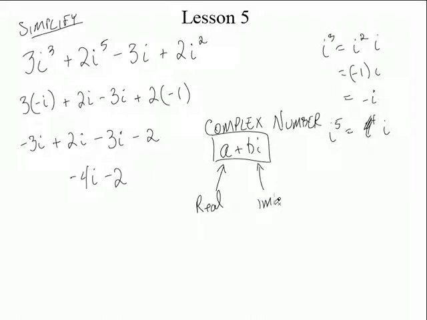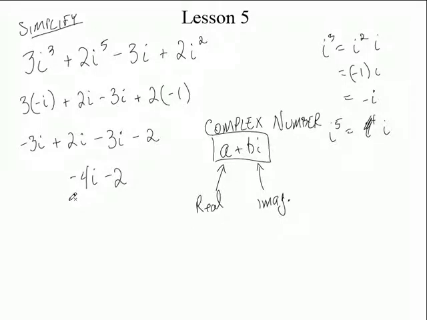Imaginary. Okay, so that's the imaginary number. Alright, so this is the real number, and this is the imaginary number. So what goes first? This is the form that you want to write a complex number in. What goes first? The a, the what? The real. The real always goes first, imaginary always goes second.